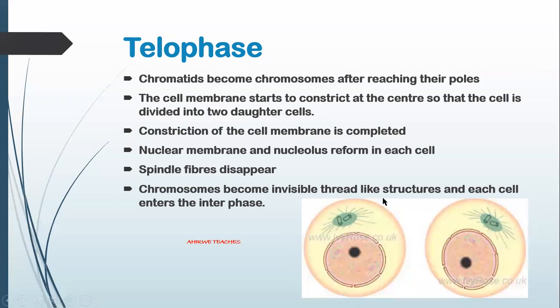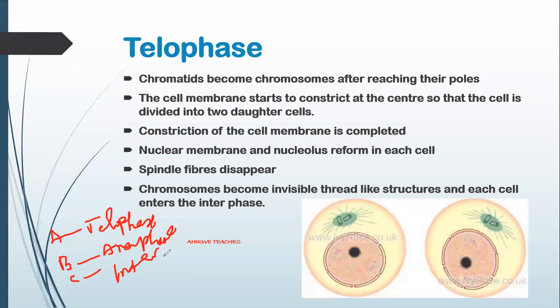So you can have a glimpse at this. I can give you this and say, which phase is this? You should be in a position to tell me which phase. I say identify, and I give A, telophase, B, maybe anaphase, C, maybe interphase, and finally D, prophase.